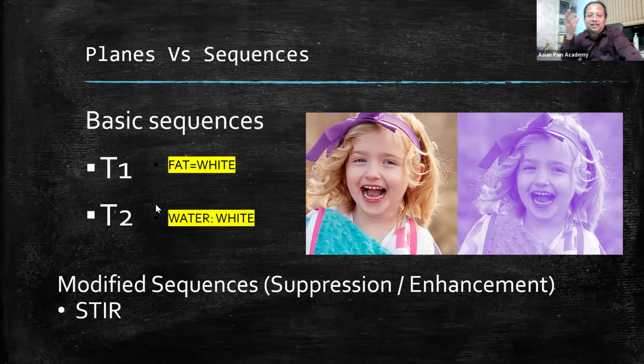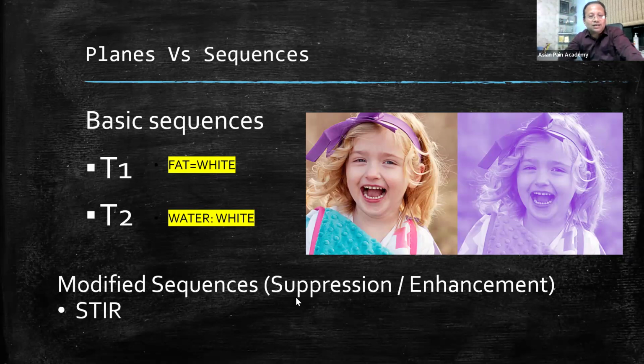It is a digital change, digital planning, where fat becomes white in T1 and water becomes white in T2. You will see the same structure, but with this coding. White, of course, is not a medical term; I am telling you just to make you understand.